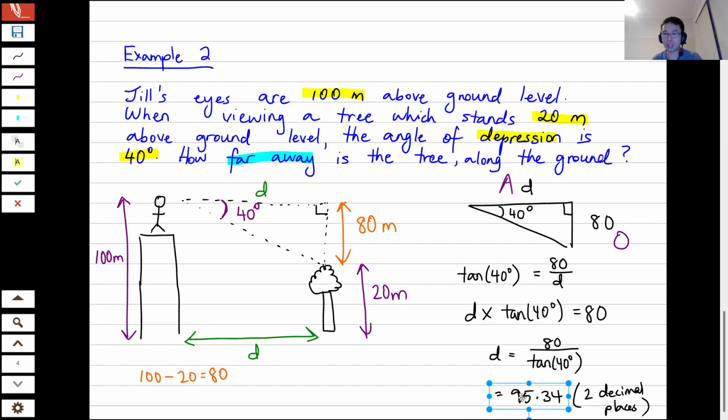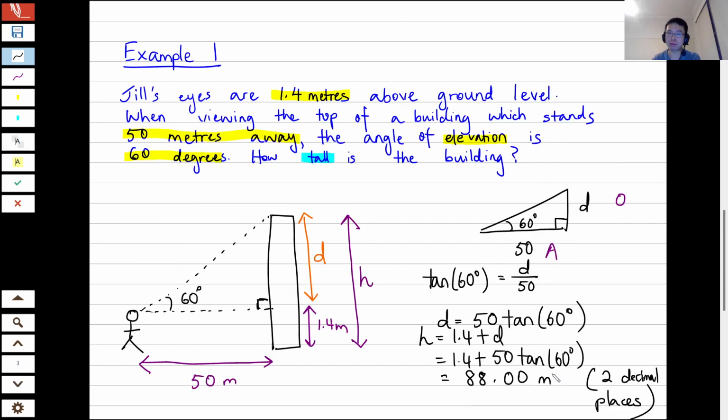So I should say that we should give a unit in our answer. So the distance is in meters because our quantities were measured in meters. So really, I should say 95.34 meters. And in the previous question, I already put meters in as well.